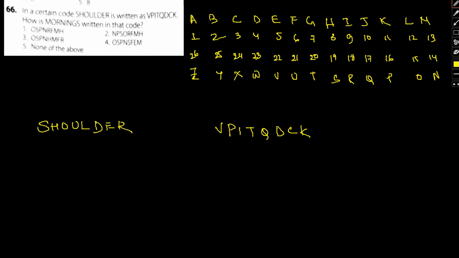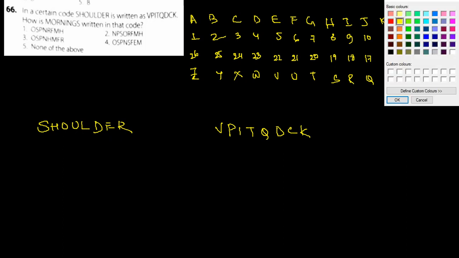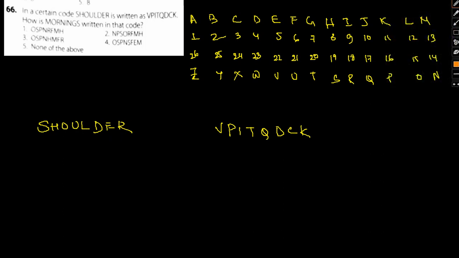Now, how can we try and connect each and every code? One thing we can do is take shoulder and compare S and V first. S to V is plus 3: 19 plus 3 is 22.